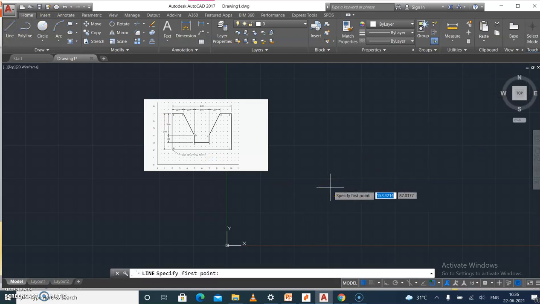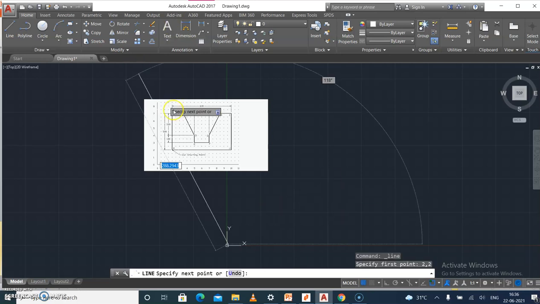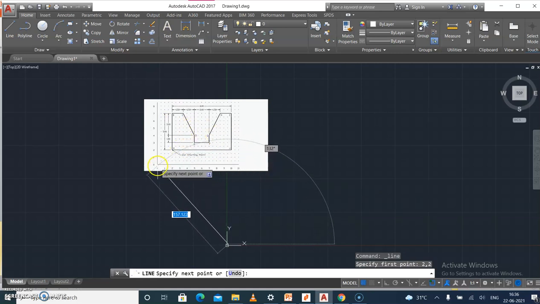Again I erase the previous command, take the line command again and press 2, 2, enter. Now from the origin, mark the 7. So from the origin, this point has x-axis 2 and y-axis 7.